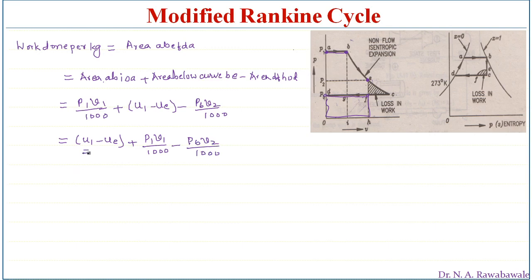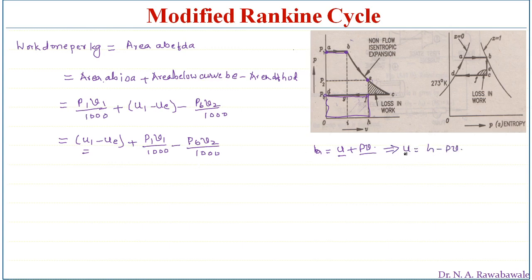Enthalpy H is equal to U plus PV, the sum of internal energy plus flow work PV, so U is equal to H minus PV.